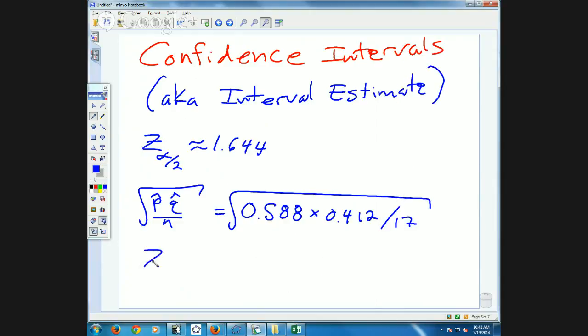So we took z sub alpha over 2, and we multiplied it by this crazy square root, p hat, q hat over n, and we got about 0.196. This is one method of calculating a margin of error.